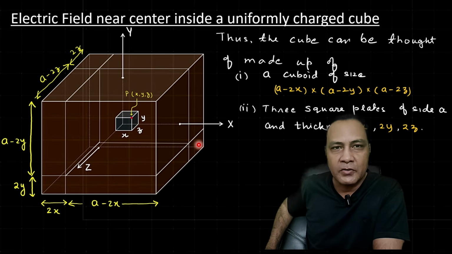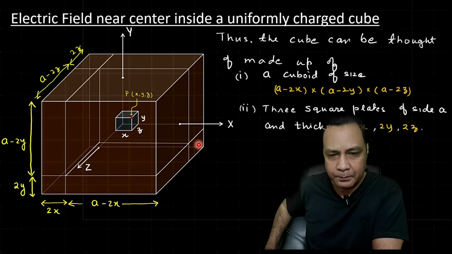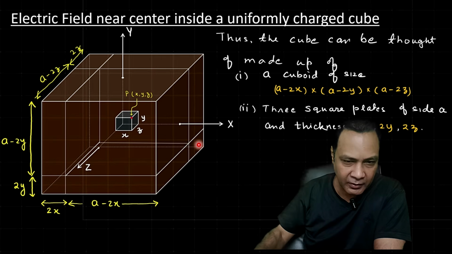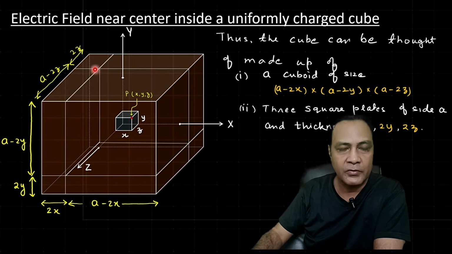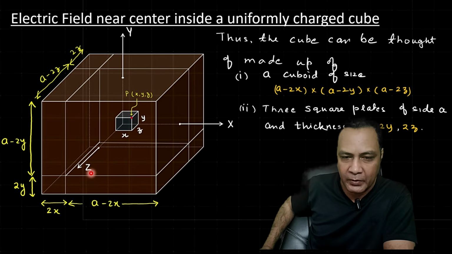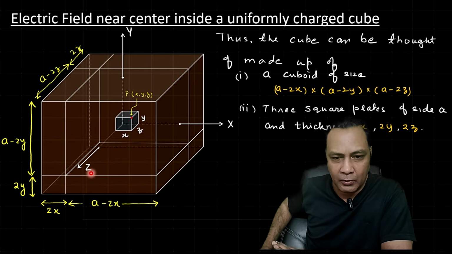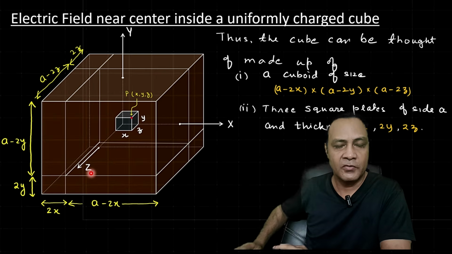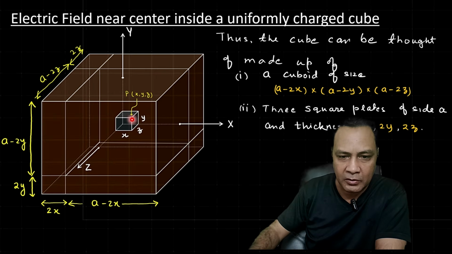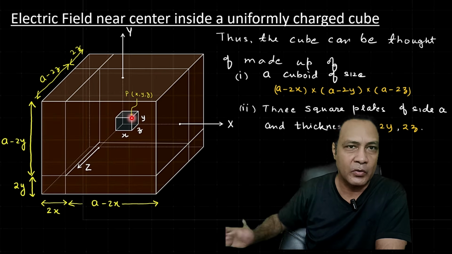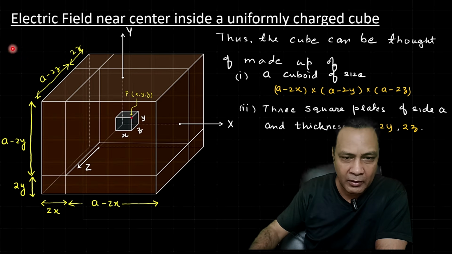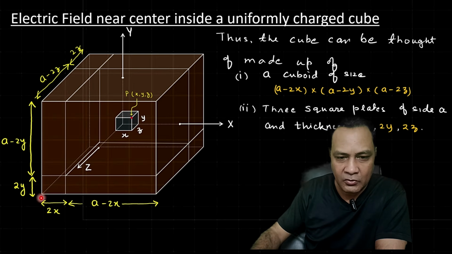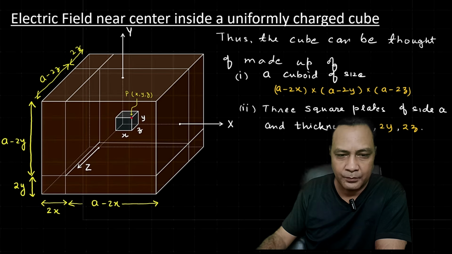Because of all these three plates and because of this cuboid, we will find the electric field at P. So clearly, first of all, the electric field because of the cuboid part at the point P is 0, because that is exactly at the center. So it's only left to find the electric field because of these three square plates.